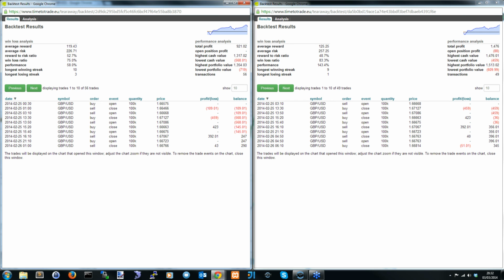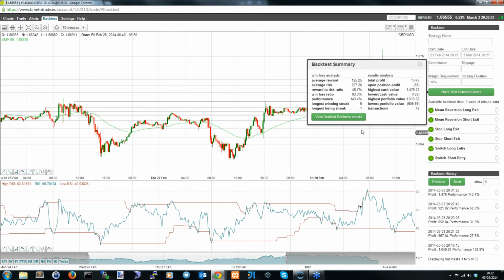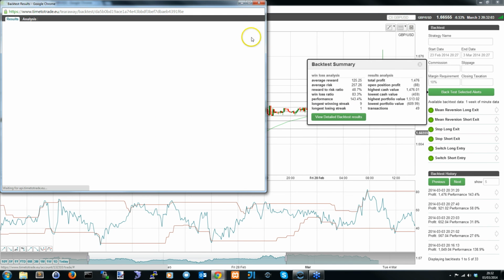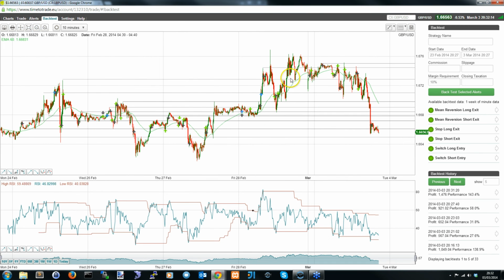The key difference actually just came near the end, where we weren't in a losing position. So let's take a look at that on the chart. So again, down here, could work with some refinement. Back again to the mean.